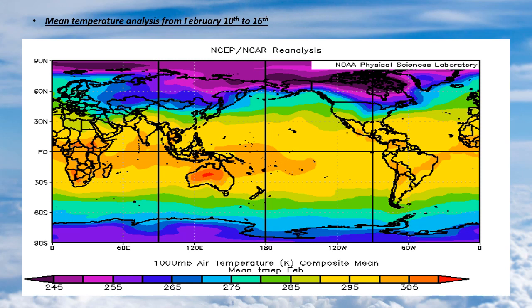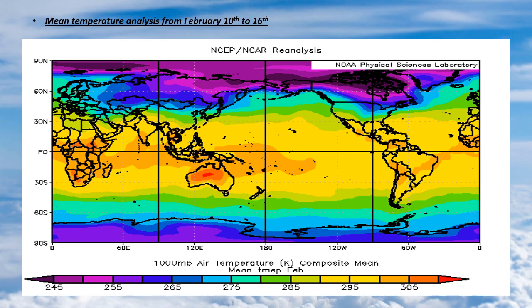Hence we can see these higher temperature patches over southern Africa, Australia, and this Latin American region, whereas we can see very low temperatures in the polar regions and comparatively low temperatures in the subtropical regions.